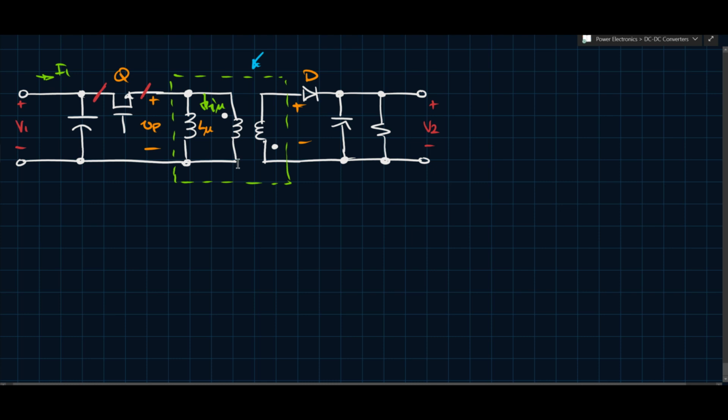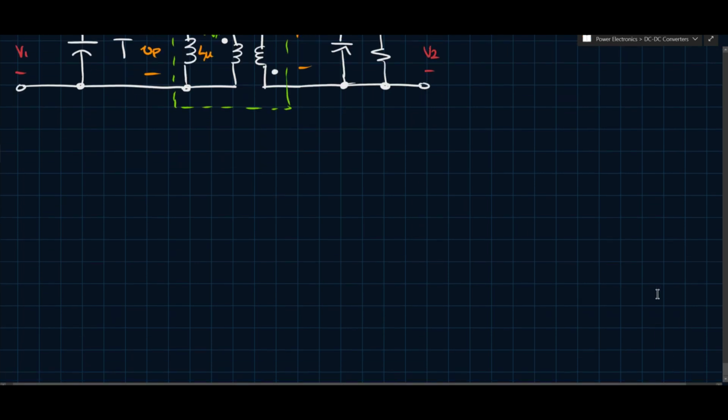So to make the gate drive circuit a bit simpler, we're going to reorganize this side so that it is referenced to the negative rail, so that when you apply a signal to the gate, the gate source voltage is simpler to control and to ensure that you can actually turn this transistor on.